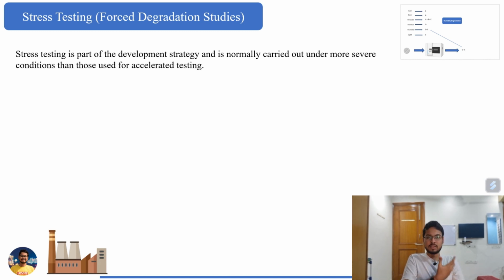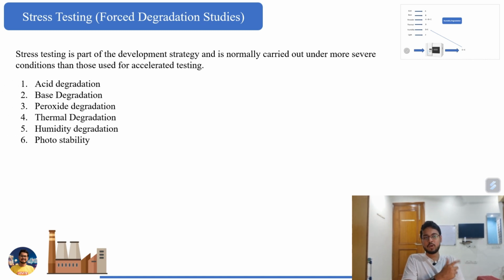So this is the stress testing. There are basically 6 types of exposure that we do: acid exposure, base exposure, peroxide exposure, thermal exposure, humidity exposure, and photo exposure. We take our samples and expose them to these situations, and then we see how they react. What molecules they form, and on the basis of that we optimize everything.